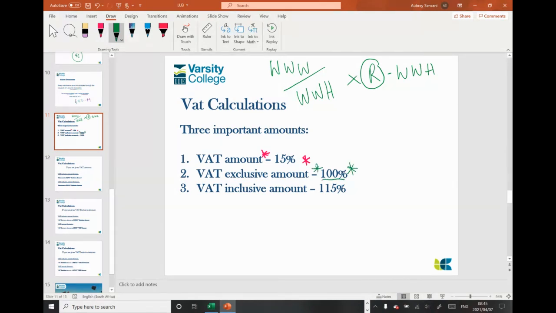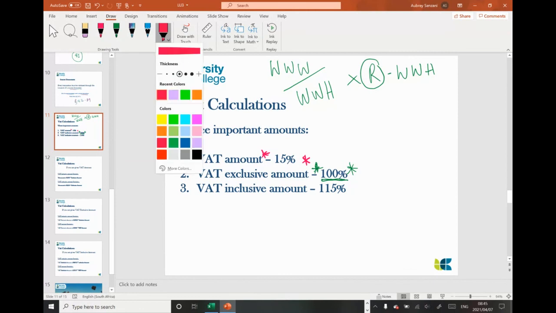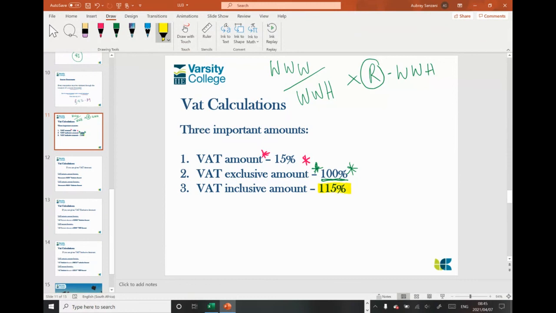That's the price we want to charge clients for ourselves. But remember, we are VAT vendors, so we need to charge 15% of whatever price we are charging our clients. So our VAT inclusive amount is going to arrive at 115%.